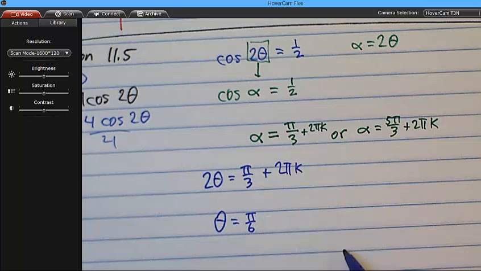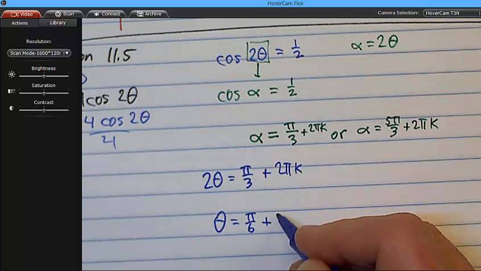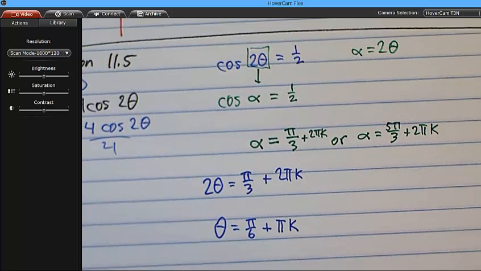And this is kind of cool too. If I divide this by 2, I get plus what? Pi k. Right? Pi over 6 plus pi k. And so you can throw different things in for theta then. That should work.